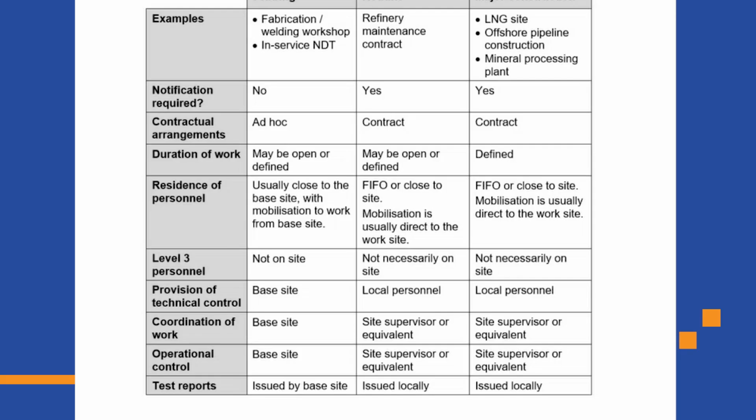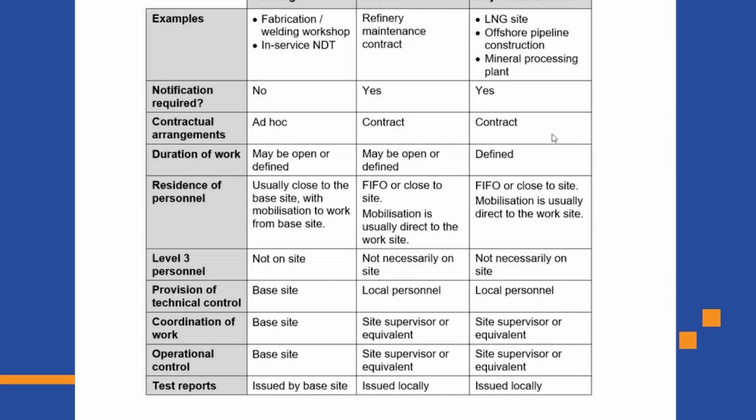Quite different are routine and major construction work sites. Examples for a routine site would be oil and gas platform maintenance contracts at a refinery or gas plant. Examples for a major construction site would be a new pipeline construction, major infrastructure, or new plant construction. So here notification is required.